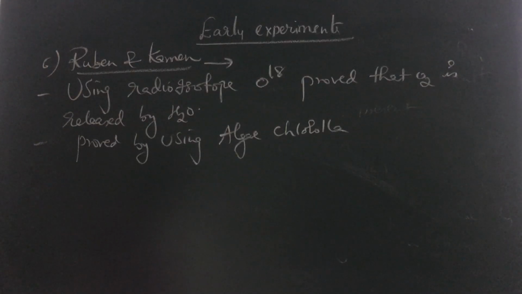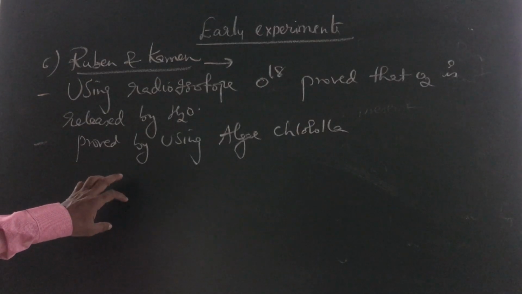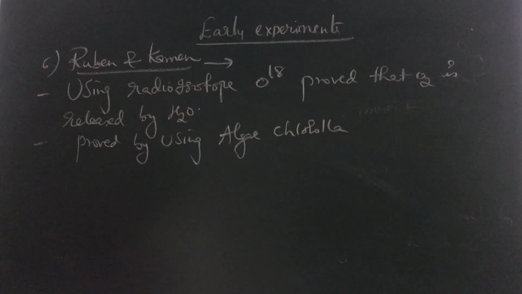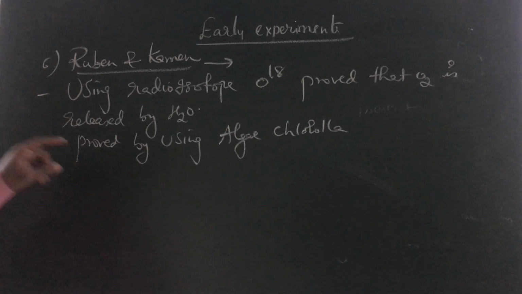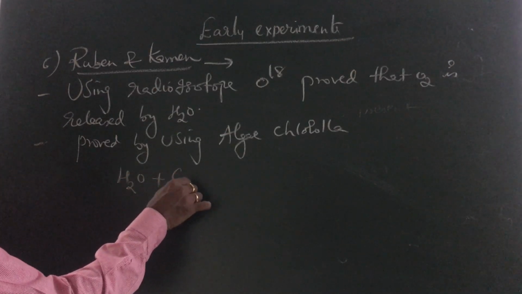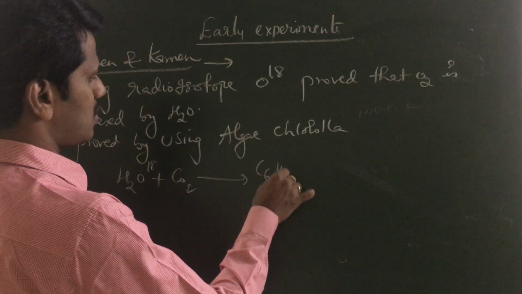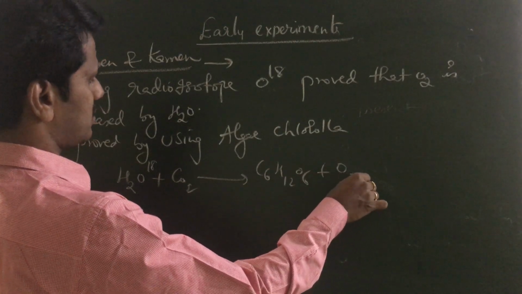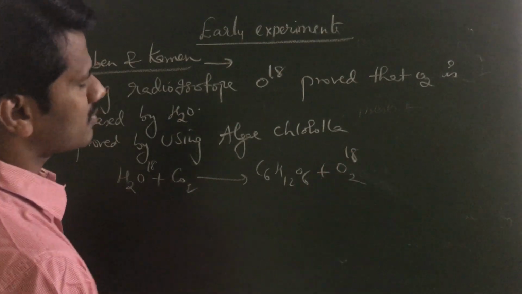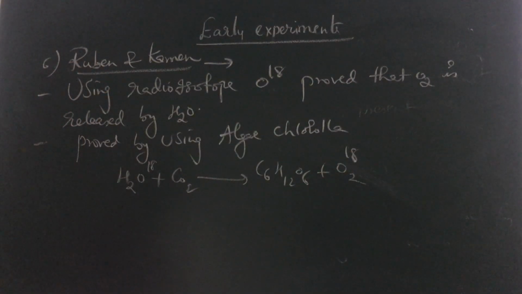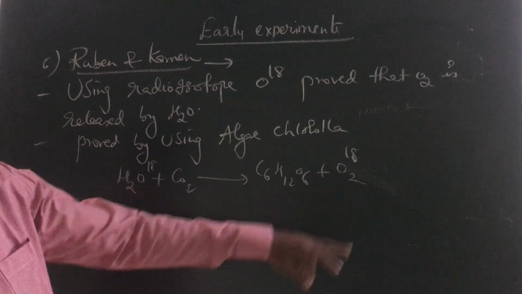Take the example of H2O plus CO2, where the oxygen is radiolabeled. C6H12O6 is formed, plus the oxygen which is released, and along with that, water.